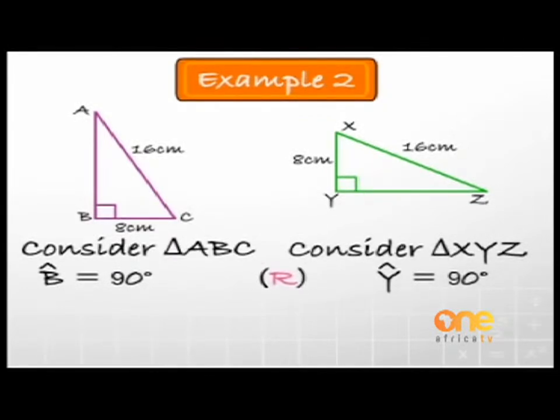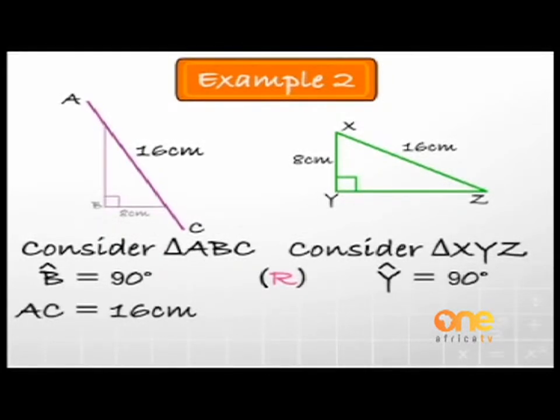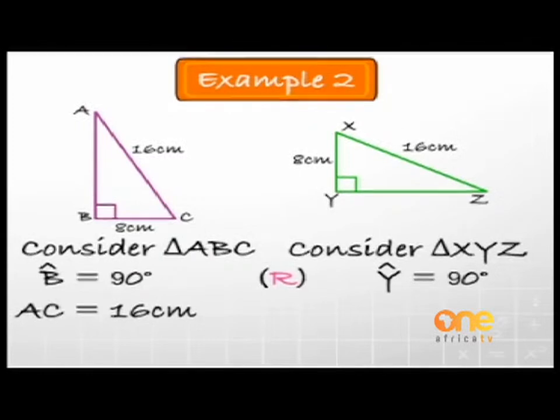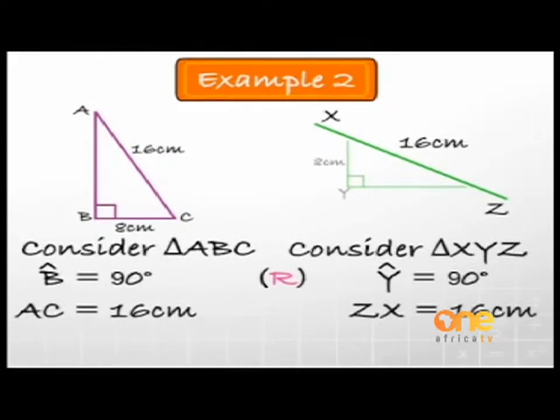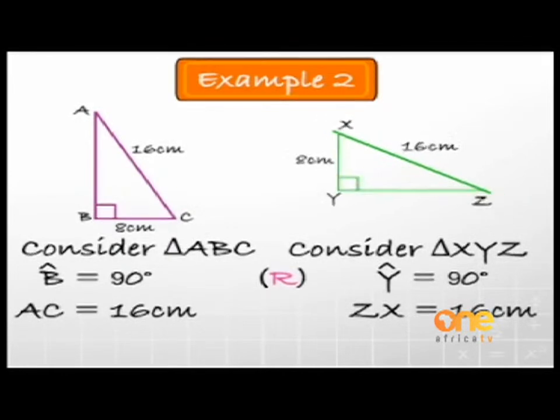So we have a right angle. Now, if we look at triangle ABC, side AC, which is the hypotenuse, is equal to 16 centimeters. And for the other triangle, side ZX is equal to 16 centimeters, which is also the hypotenuse. So we can see that the hypotenuse of both triangles is equal in magnitude.